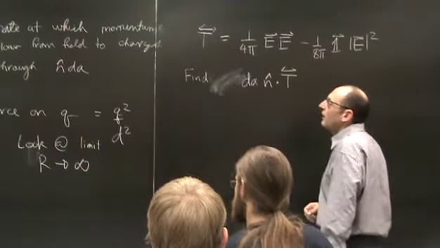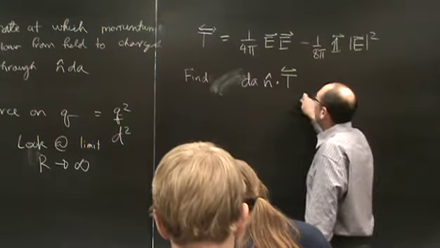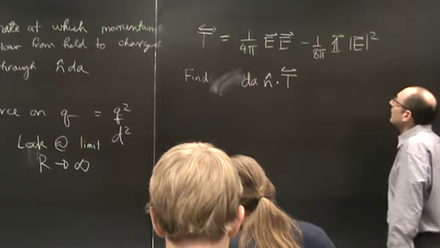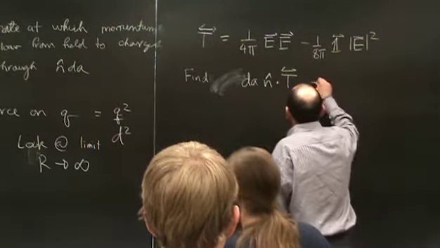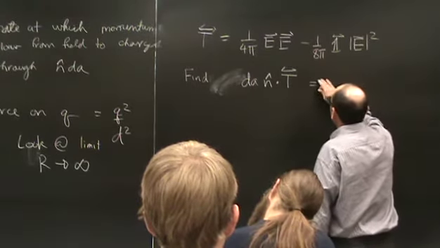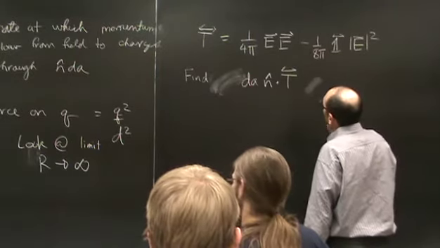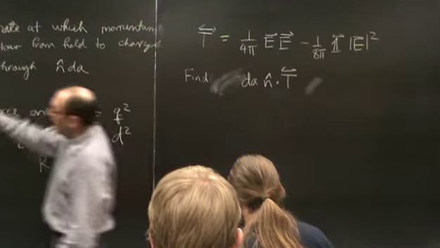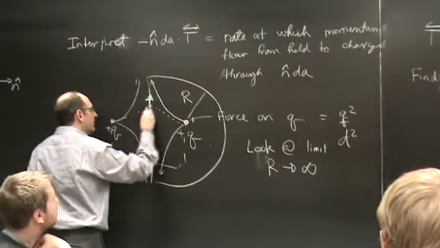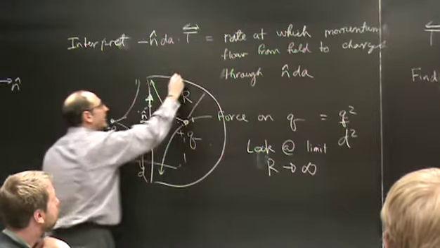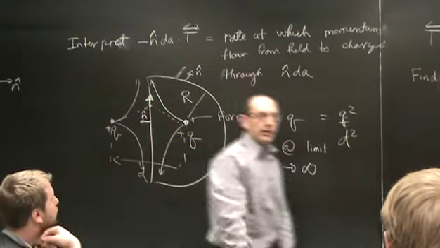So we have two cases to consider. We have n hat associated with the bottom of this hemisphere, the disk, and we have this case here as well.